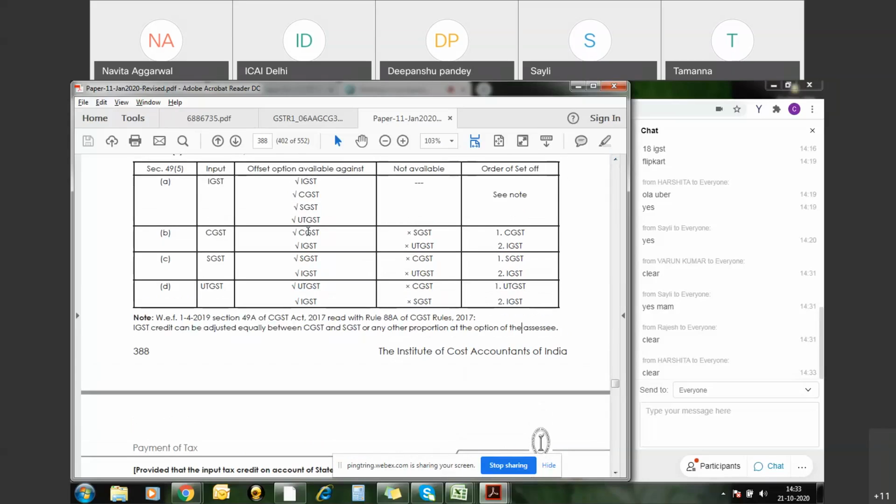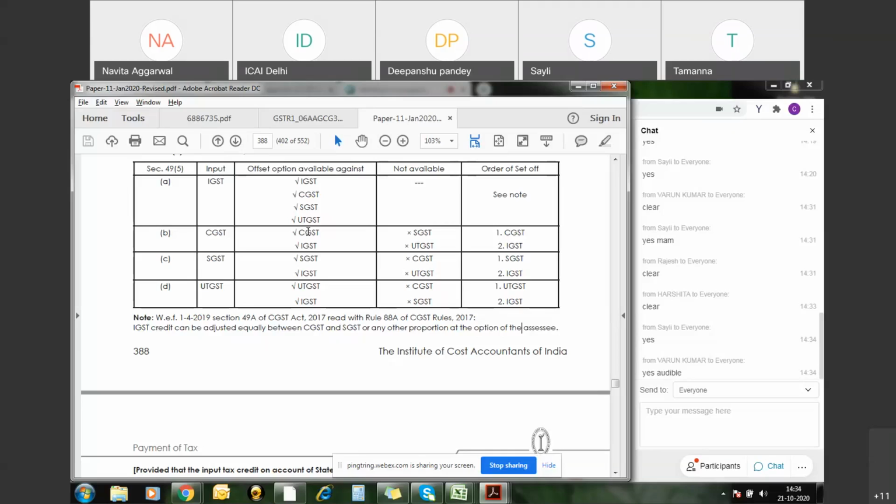Similarly, for CGST, the check is that CGST input cannot be utilized for setting off SGST or UTGST. Similarly, SGST or UTGST ITC is not available to be set off against the CGST liability.